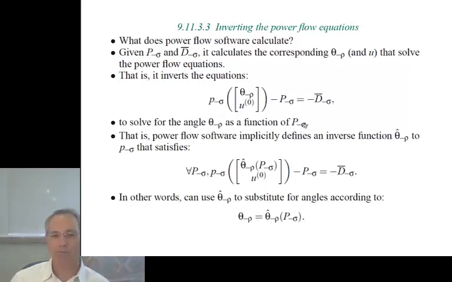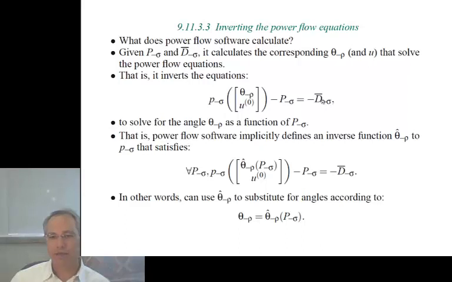For different values of P minus sigma, when we run power flow, it tells us the angles. That is, power flow software implicitly defines an inverse function. Let me call it theta hat minus rho of P minus sigma. What does theta hat minus rho do? It says, give me a real power injection and I will solve for you the angles.